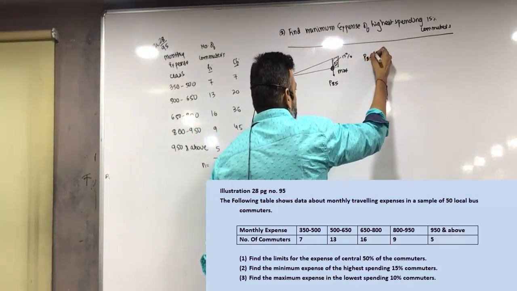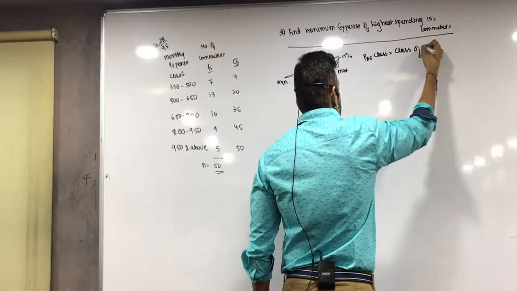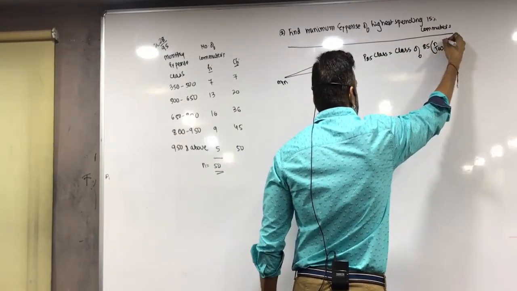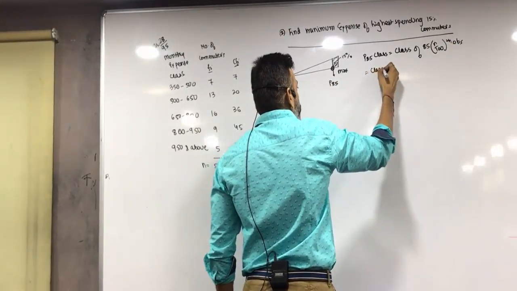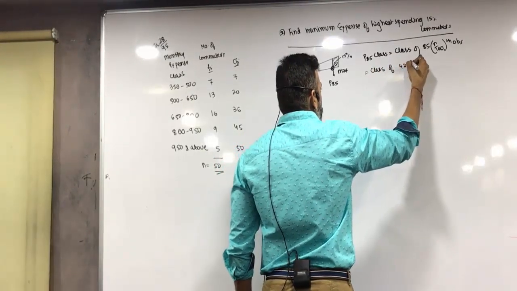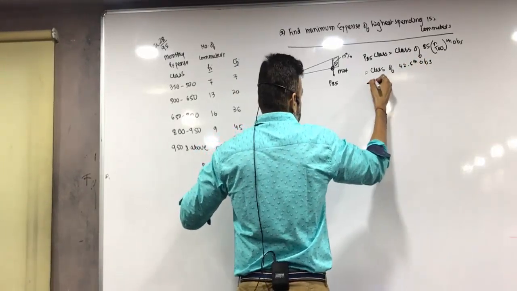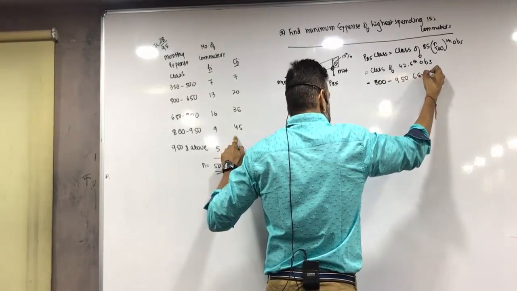Okay, find out. P85 class is equal to class of 85n by 100th observation, which is the 42.5th observation, which comes in 45. So that is 800 to 950, exclusive.